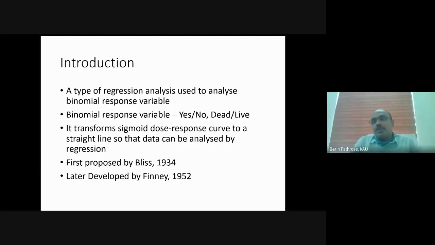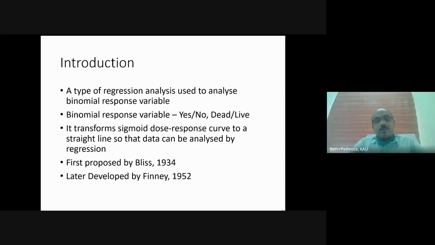So we have only two options, either dead or live. We don't have partially dead, partially live, or anything like that. So binomial response means it has only two options, dead or live, yes or no. If our data has this kind of response variable, we can go for regression analysis.